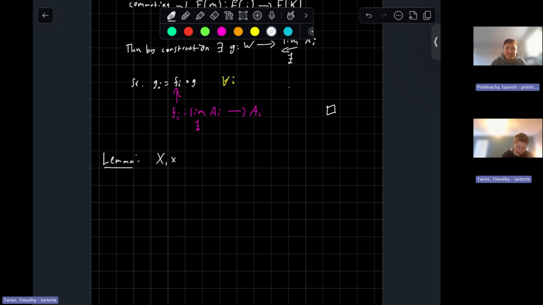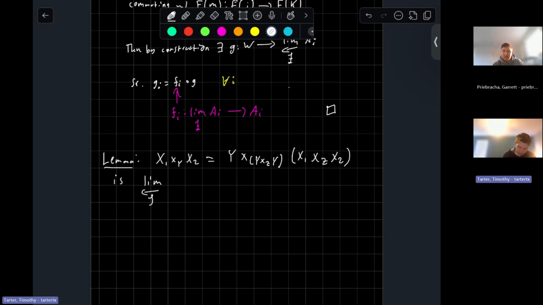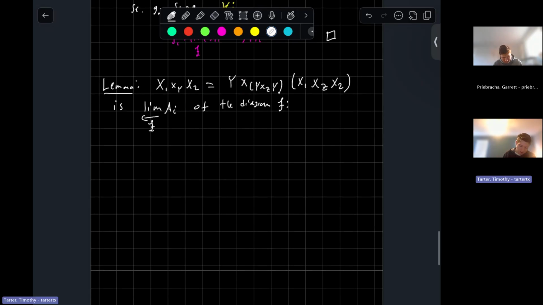X1 fiber product Y equals Y fiber product through the diagonal morphism of Y with X1 fiber product of Z X2 is the limit through F of A_I of the diagram, which is X1, Y, X2, Z.